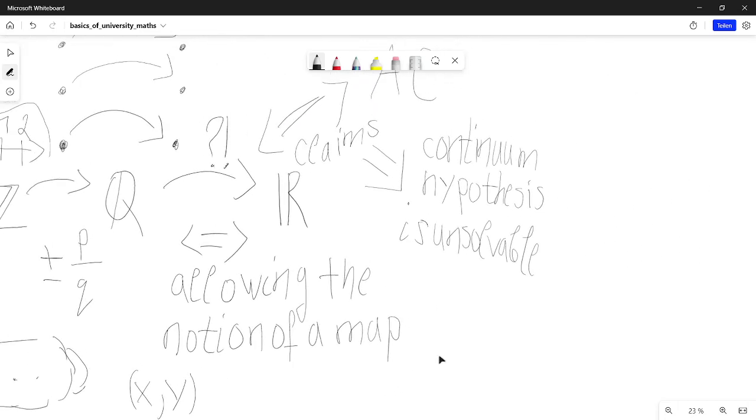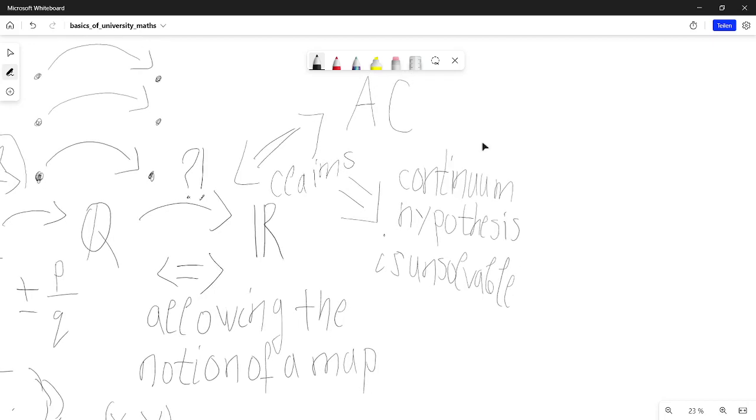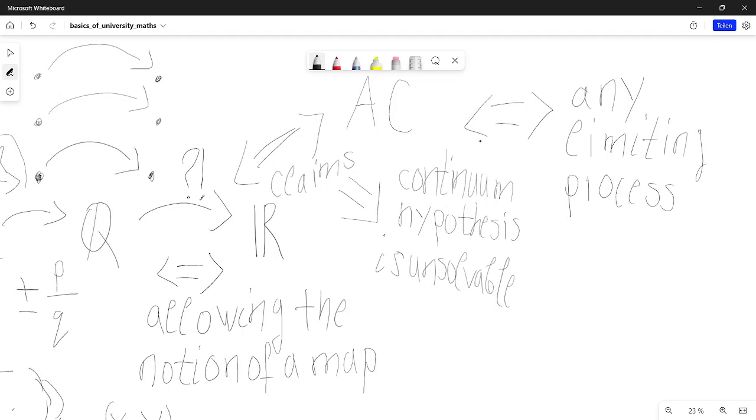It gets worse because if we are genuinely involved, then it's another claim. Any limiting process. Okay, maybe I should have done this equivalence here, but it doesn't matter because it's all equivalent. So it's not just that you would not have real numbers, you would not have any limits.